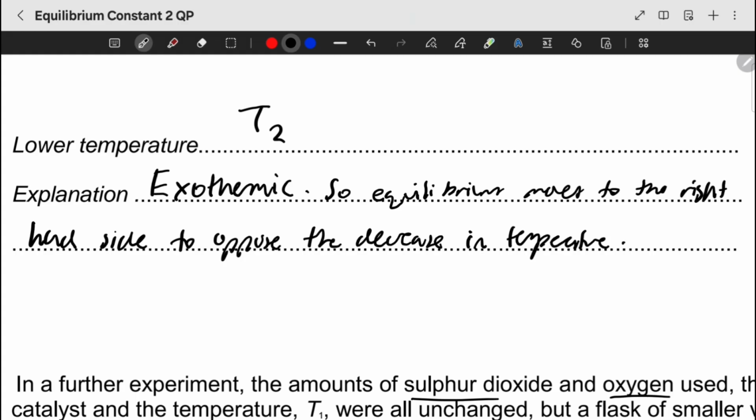Because if it's exothermic and it produces more products, so Kp increases, that means equilibrium moves to the right hand side to oppose the decrease in temperature, because the temperature is beginning to decrease.